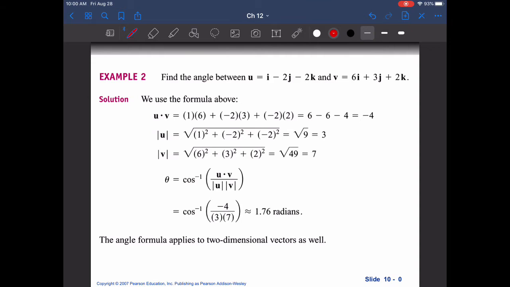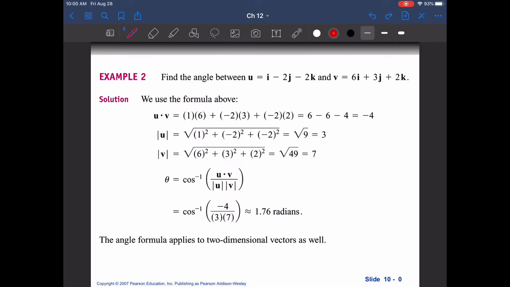All right, so let's take a look at this example. Find the angle between these two. In this one, they're going back and using that equation we saw a few pages ago, but they don't have u dot v written out as all the components multiplied together.